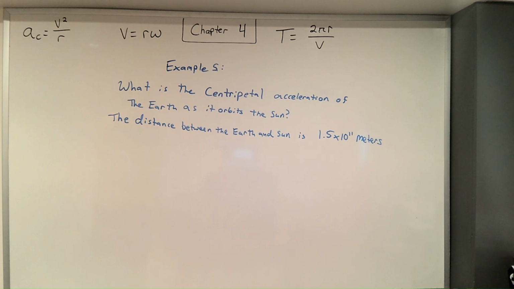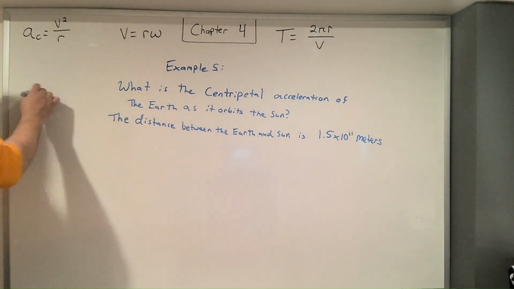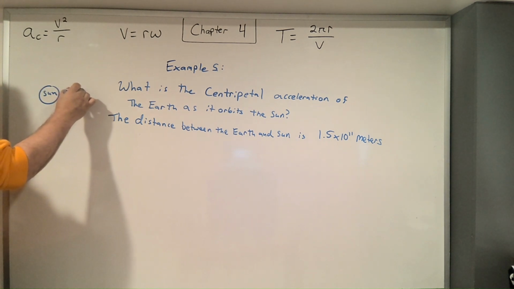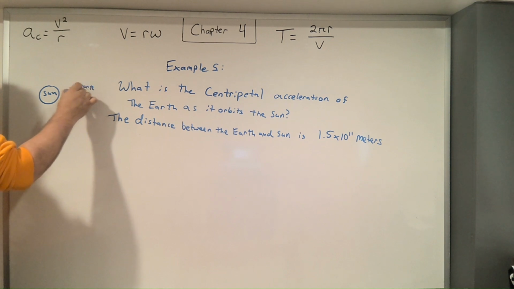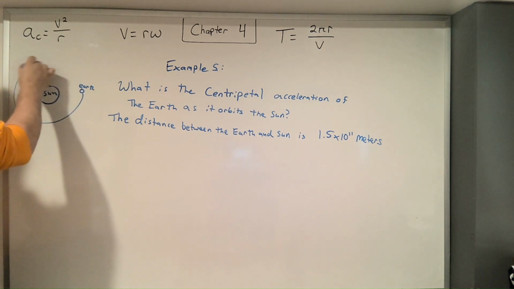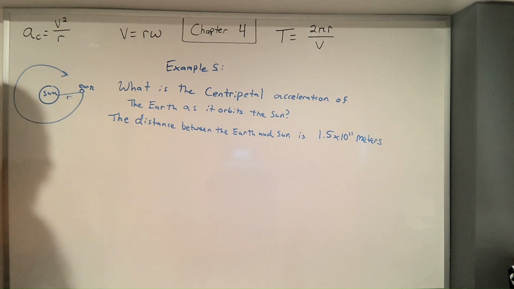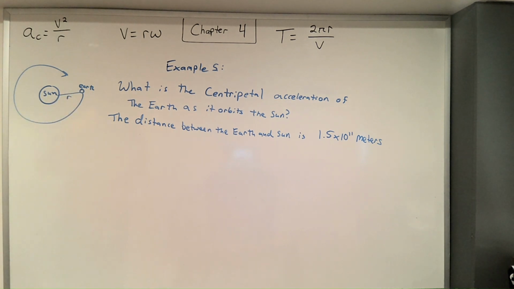All right. So here we have the Sun. Here we have the Earth. It travels around, and here we have our radius of the Earth-Sun system. We need to find centripetal acceleration, so I'm going to start with that equation.